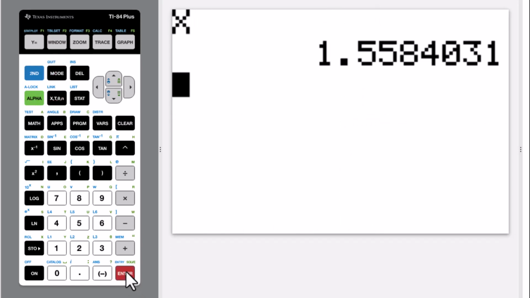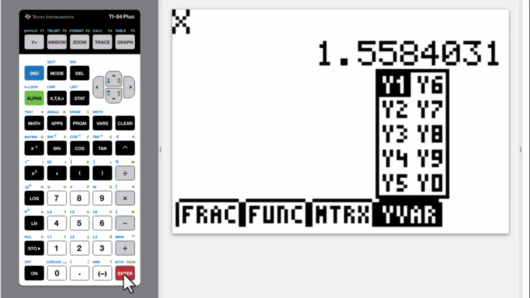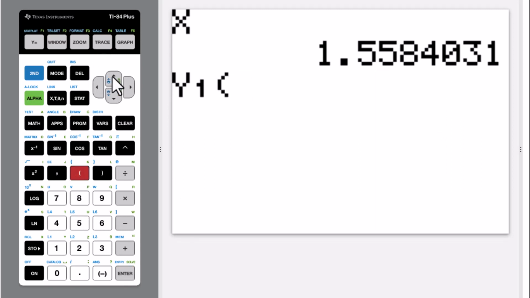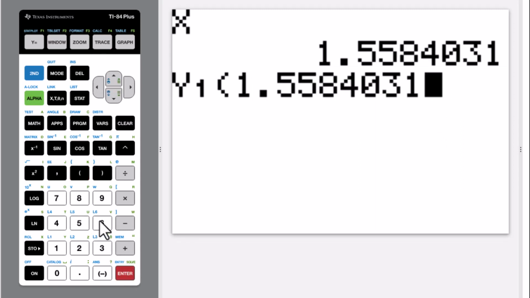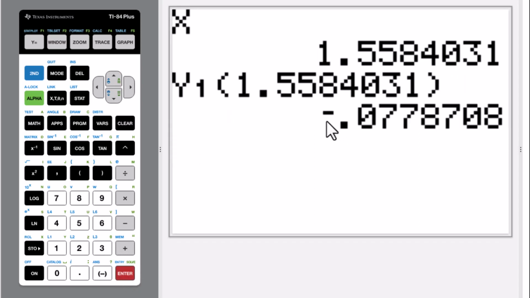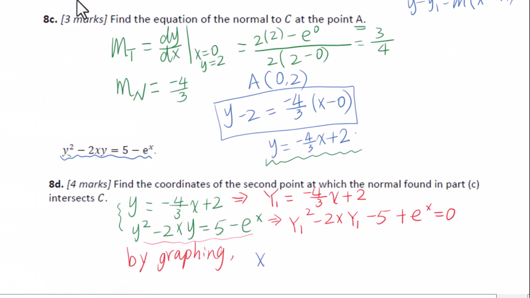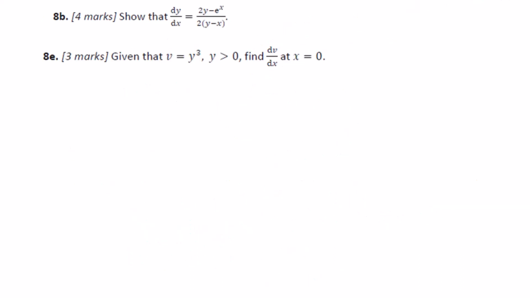Pull this down to get an accurate answer: -0.0779. So x equals 1.56, y equals -0.0779.